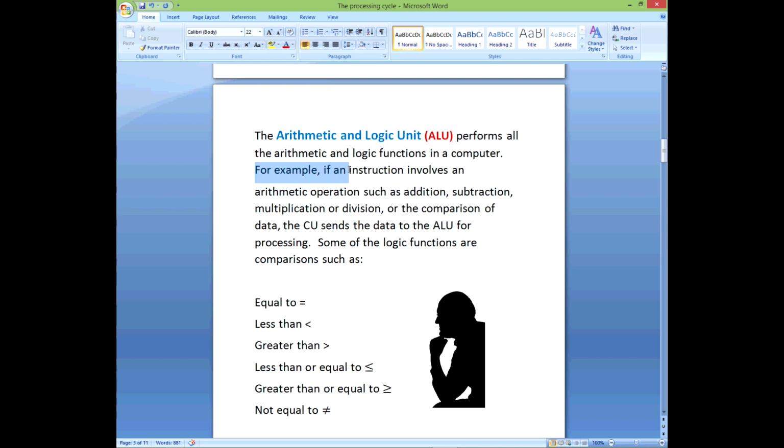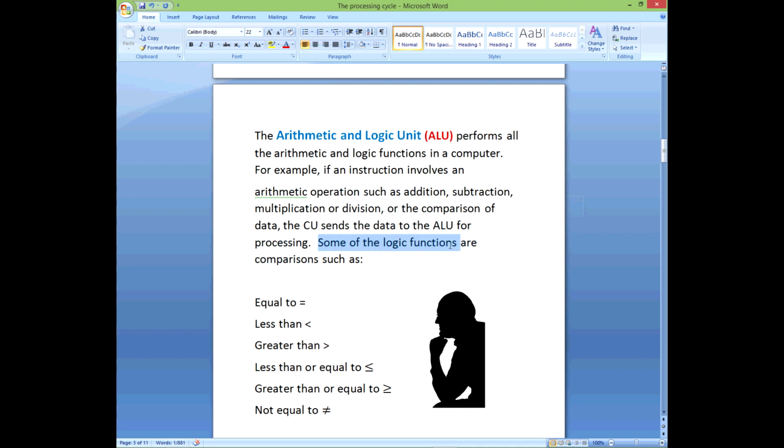For example, if an instruction involves an arithmetic operation such as addition, subtraction, multiplication, or division, or the comparison of data, the CU sends the data to the ALU for processing.